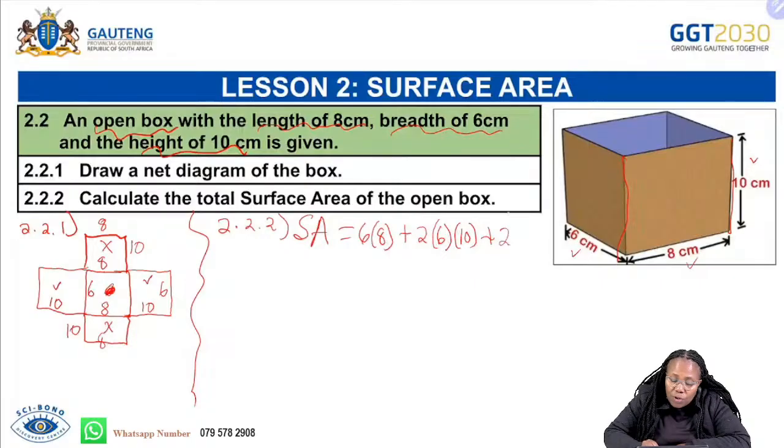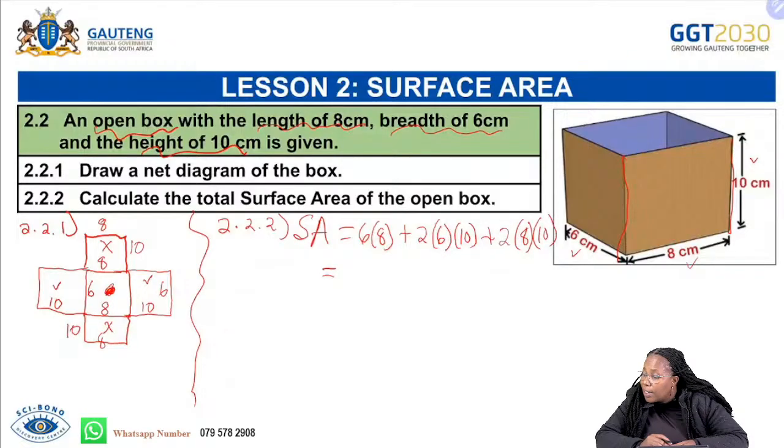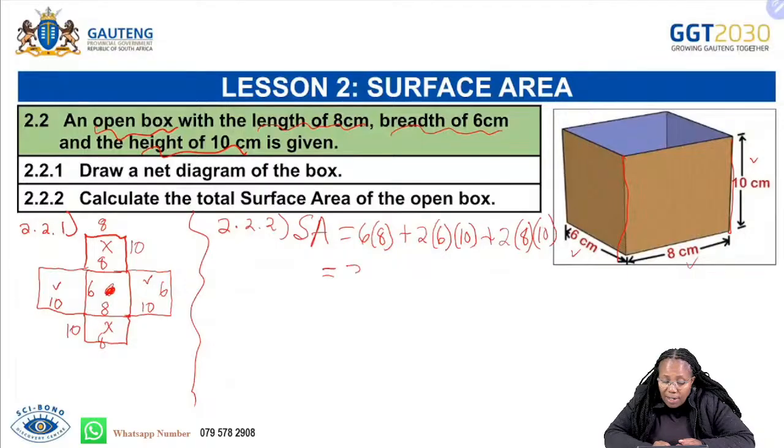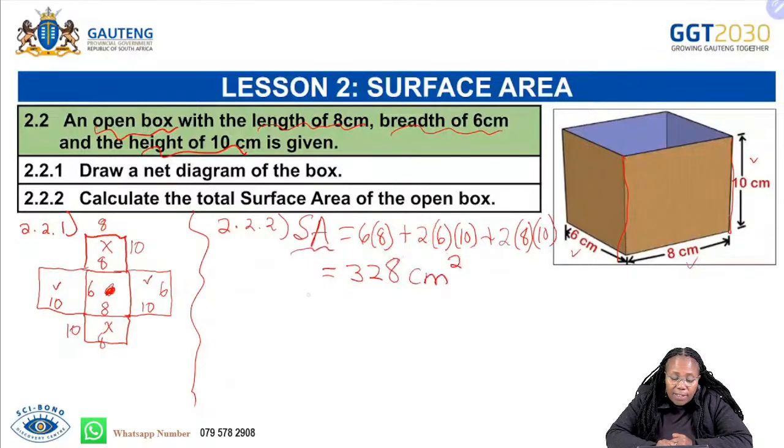So you are having 2 of 8 by 10. Okay, and then now into your calculator, grade 12, straight to the answer. That is 328. And then square centimeters. This is not cubic, it's a square because we are talking surface area.